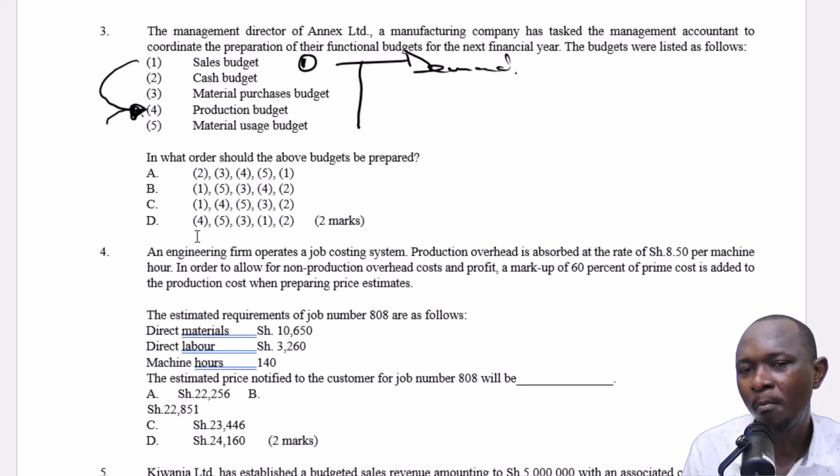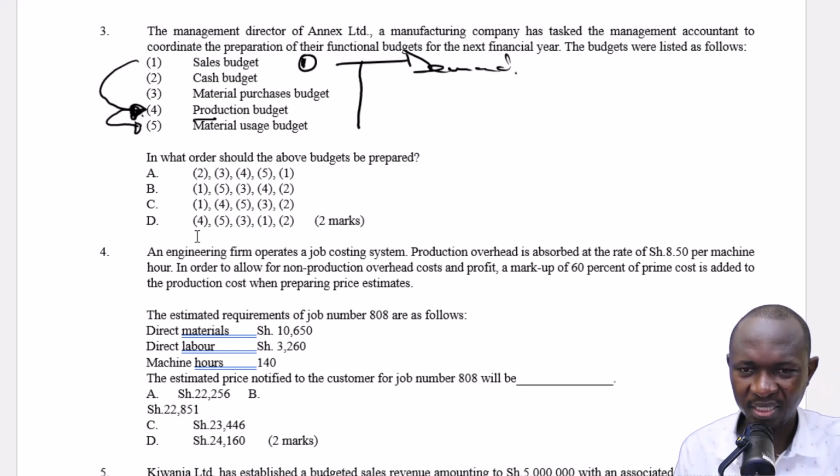Then the next question is the quantity of materials that will be required to meet the production. Let me start again. What is the demand? How many units do we need to produce to meet the demand?